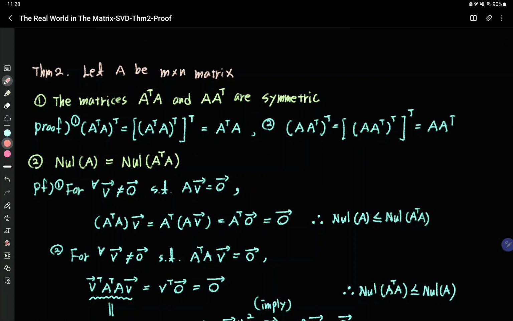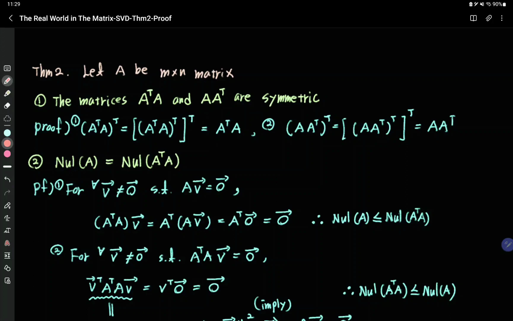Let A be an m by n matrix. Then A transpose A and A times A transpose are symmetric. So let's prove this statement. To prove this, we start from the transpose of A transpose A. Then we can say this is A transpose and A transpose transposed.